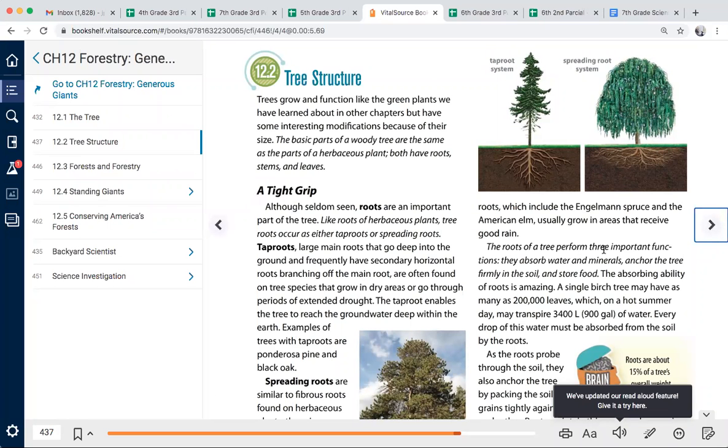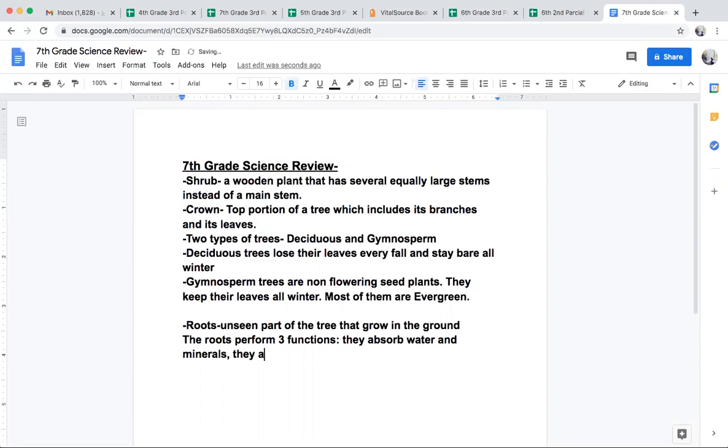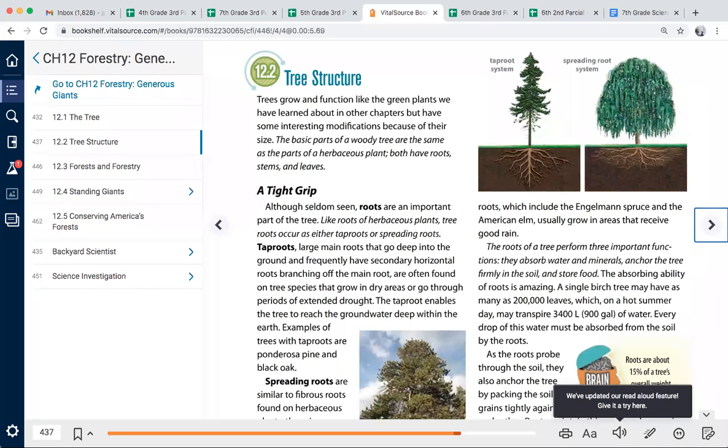They anchor the tree firmly in the soil. And the last thing that they do is they store food.